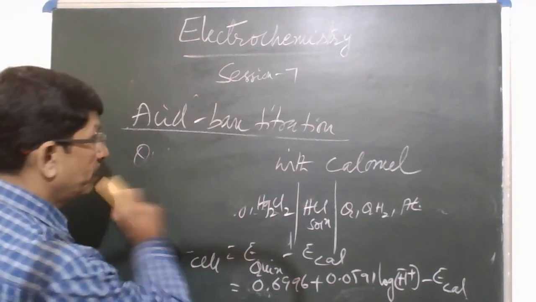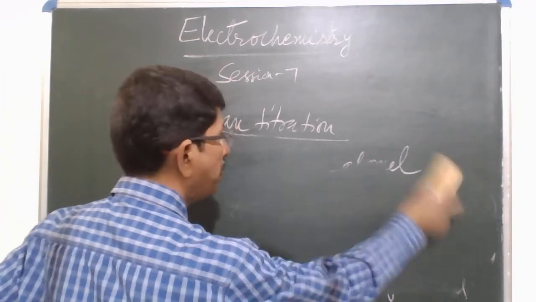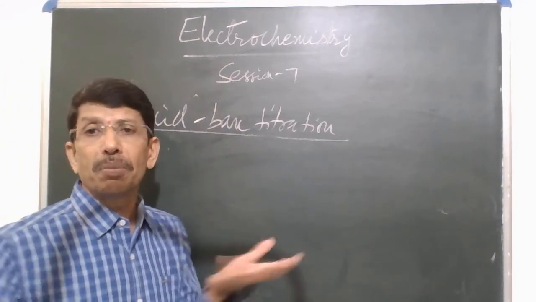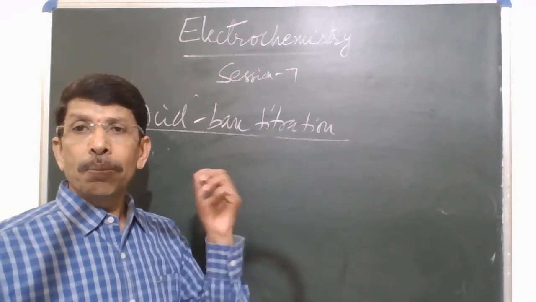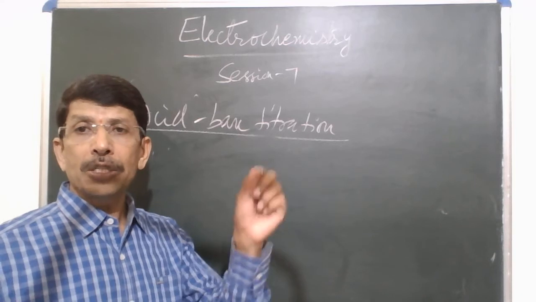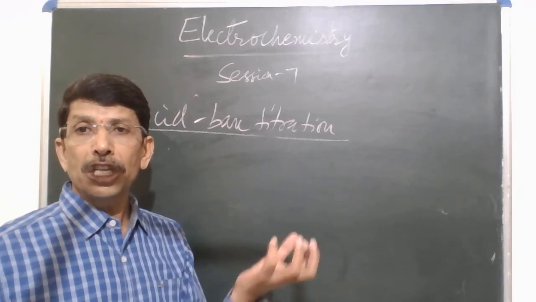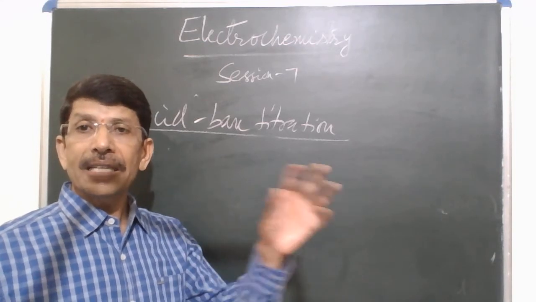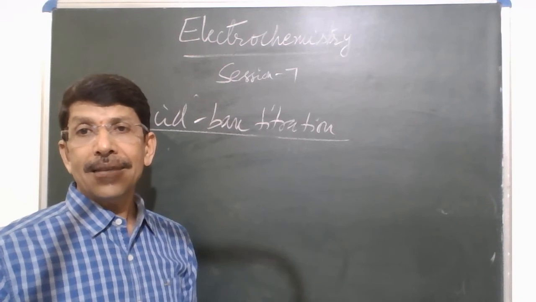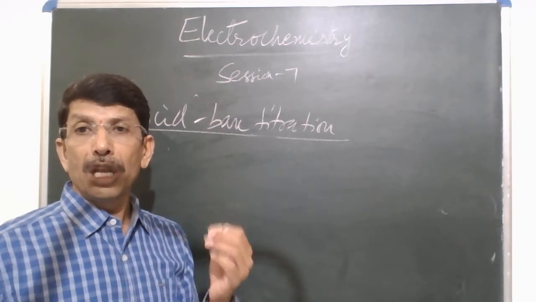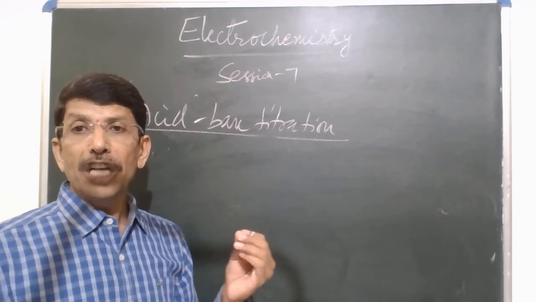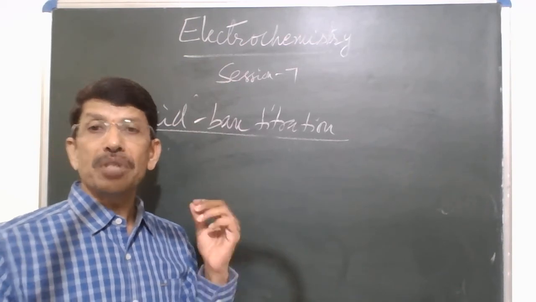So that's the principle. The procedure is very simple. Pipette out 20 cm cube of the given HCl solution, fill the burette with NaOH solution, place the quinhydrone platinum electrode and calomel electrode into the solution, add a pinch of quinhydrone, connect it to the potentiometer, and start noting down the EMF for different volumes of titrant added, and continue the titration till EMF becomes negative.